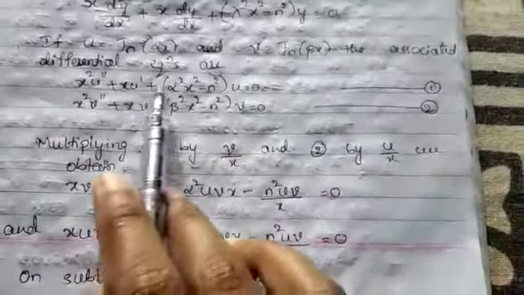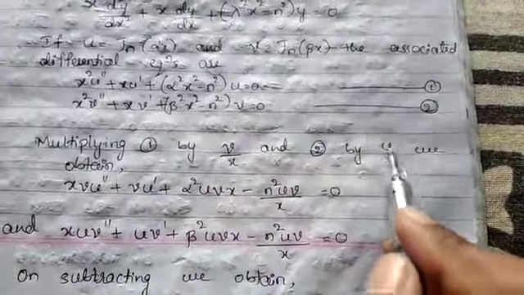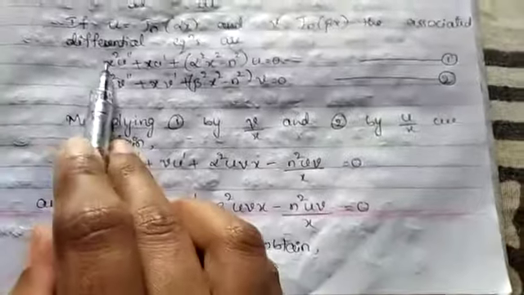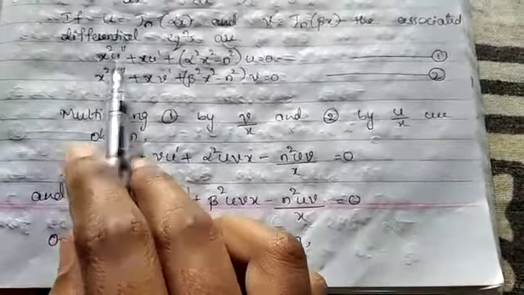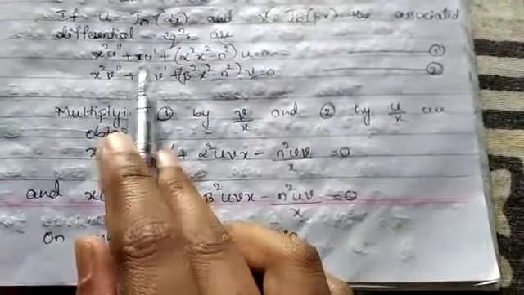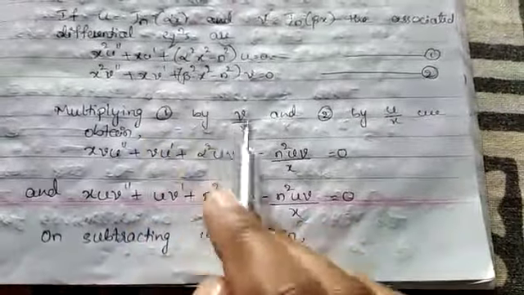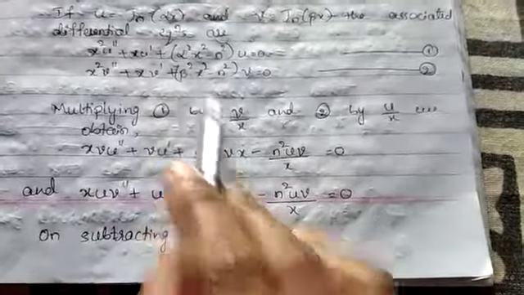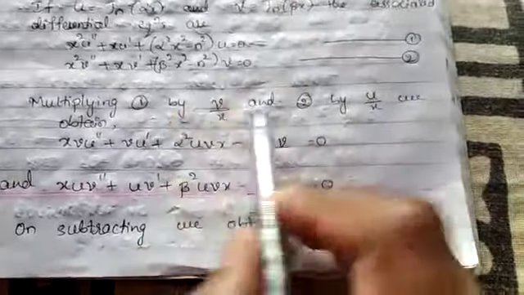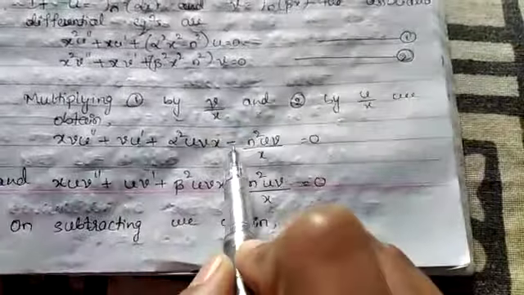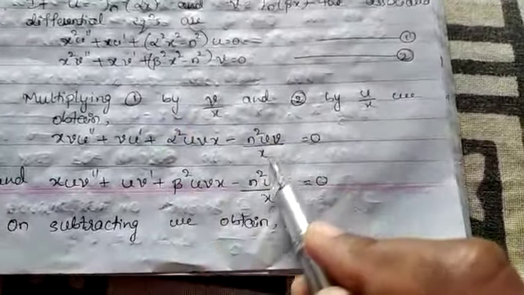Then multiply the first equation by v by x, and the second equation by u by x. Then we obtain x v u double dash plus v u dash plus alpha square x u v minus n square u v by x equal to 0.